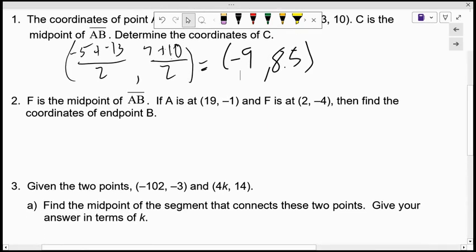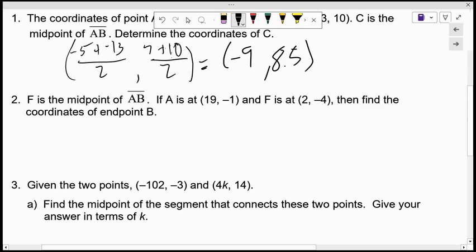All right. Now this is where sometimes people make mistakes. Here they're saying F is the midpoint. So now I need to figure out what my second point is. So if I say 19 plus x2, or just x, it doesn't really matter, over 2 equals 2. And I solve this.